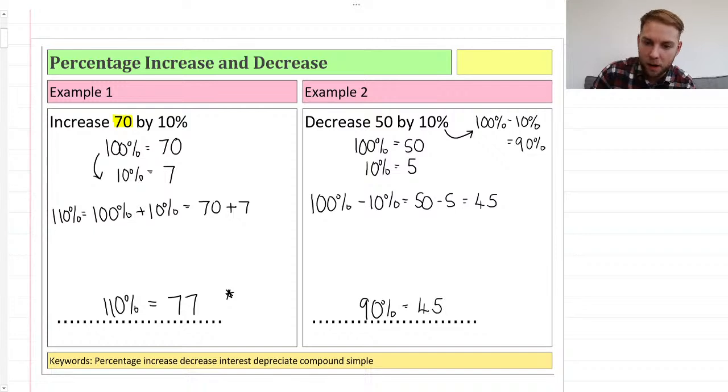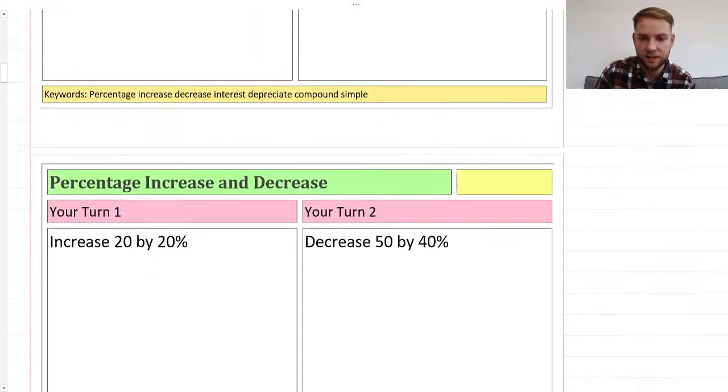Now you would get the marks for just writing 45. However, I want us to think about the harder questions now. I'm thinking ahead here. So next up, have a go at these to yourself.